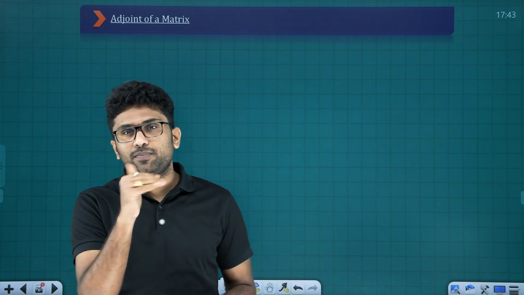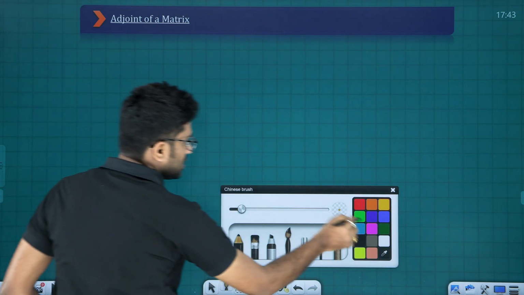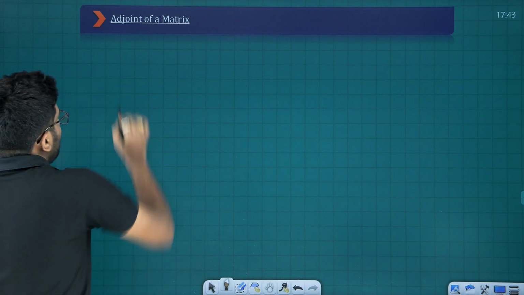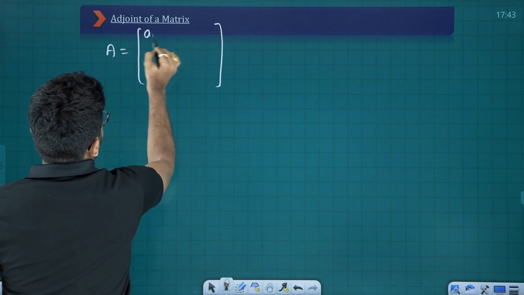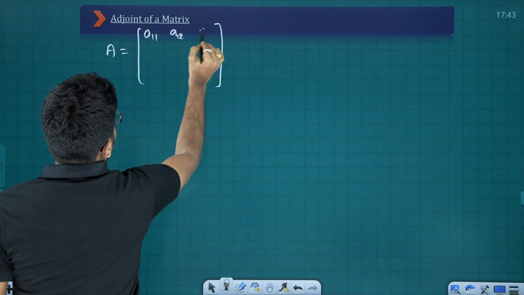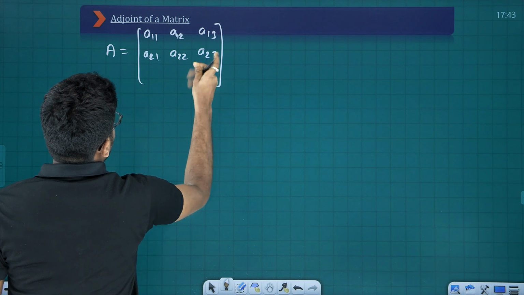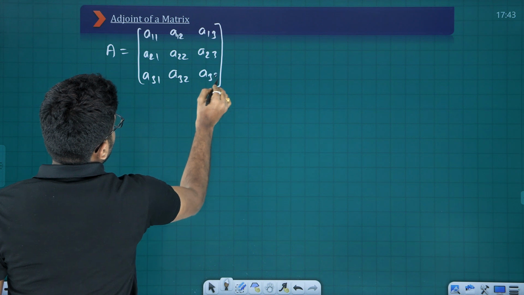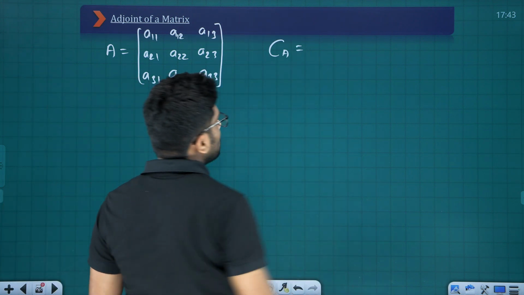Next, adjoint of a matrix. From now the actual importance of determinant starts. What do we mean by adjoint? Just now, when finding the definition of determinant, we took a square matrix capital A with entries A11, A12, A13, A21, A22, A23 and A31, A32, A33. Now we already know the corresponding cofactor matrix. How do we get the cofactor matrix?